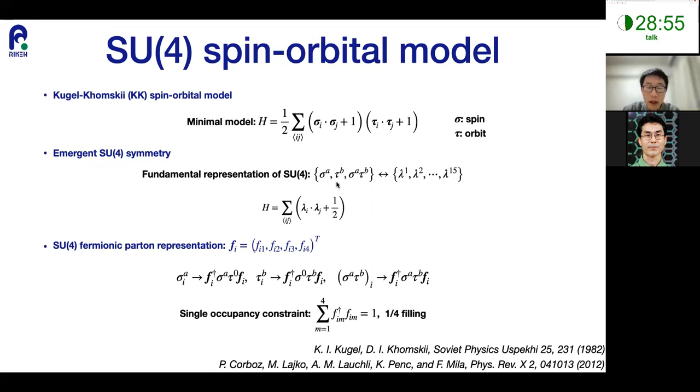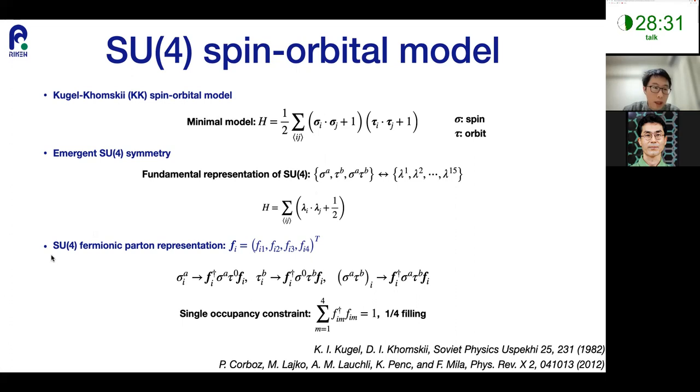You can write down the fundamental representation of the SU4 group using the Pauli matrices of spins and orbitals. So in this case, this KK spin-orbital model is equivalent to the SU4 Heisenberg model.